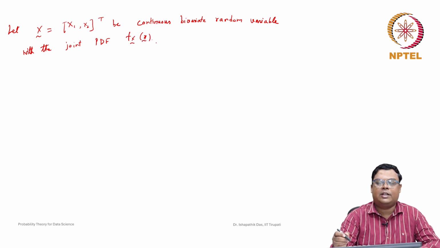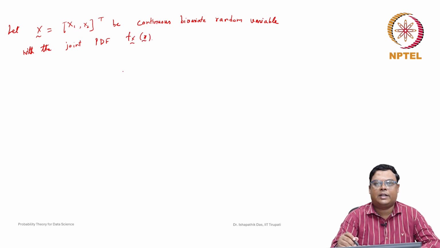So this function is known. In general we are writing f of x, and in a particular numerical example, we know what the form of the density function will be.